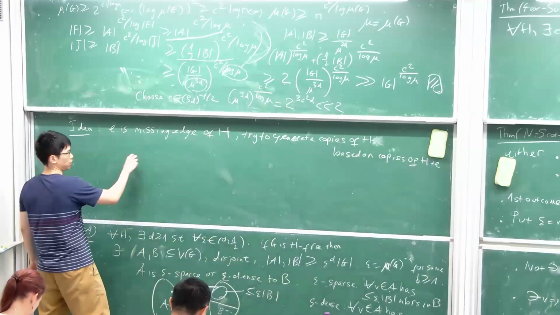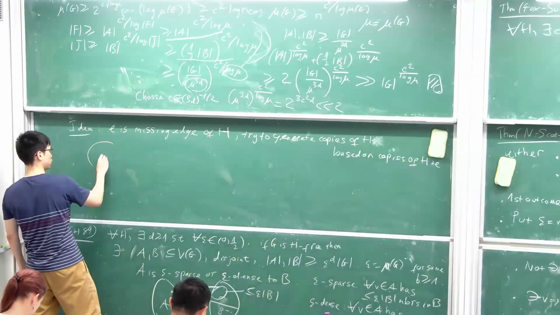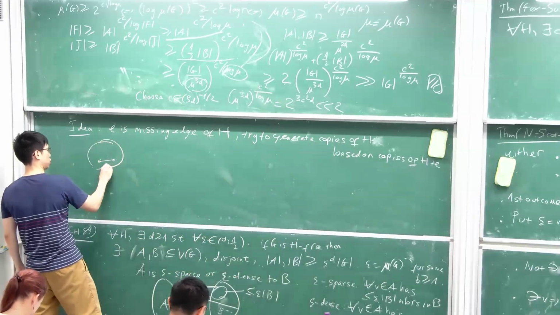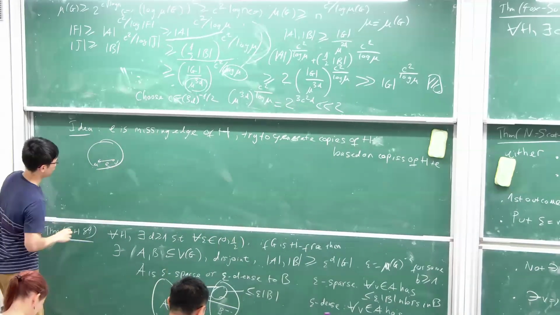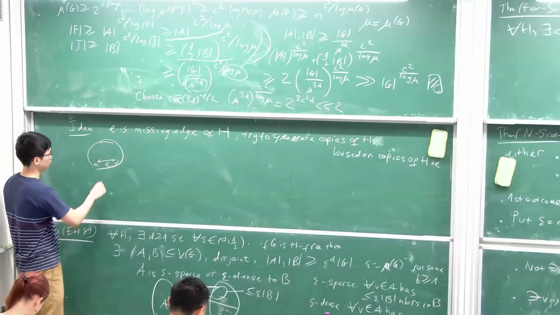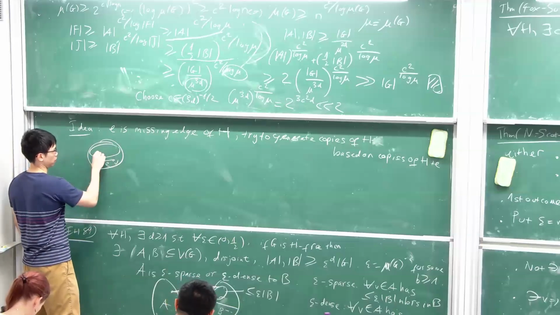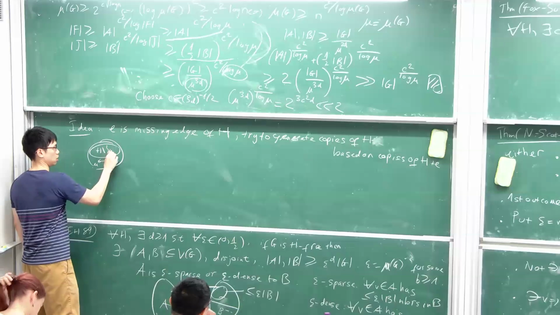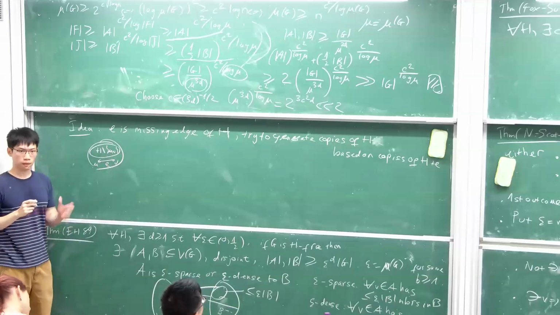So again, let me say, here's H. Here I have an edge E with endpoints U and V. And here is the rest of H, this H minus U and V. Okay.